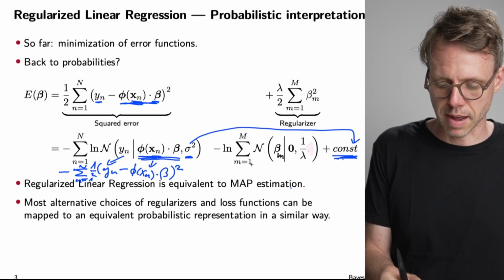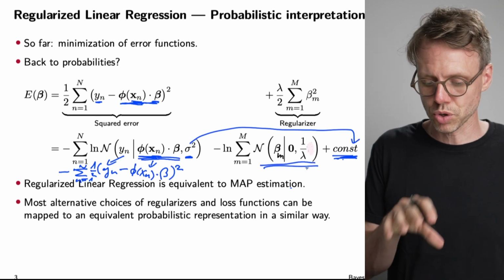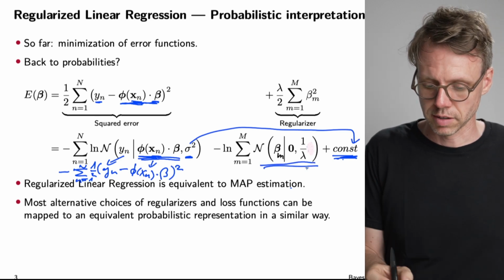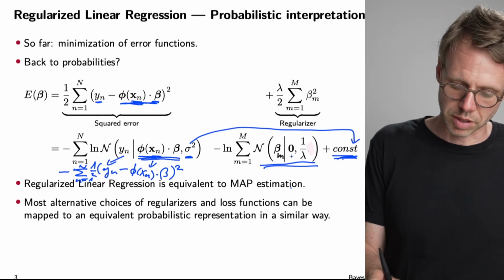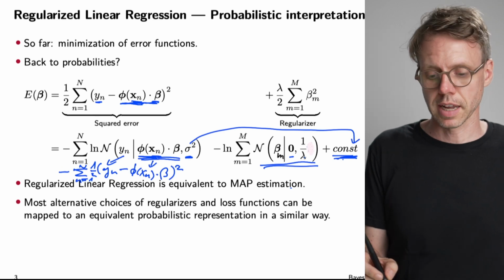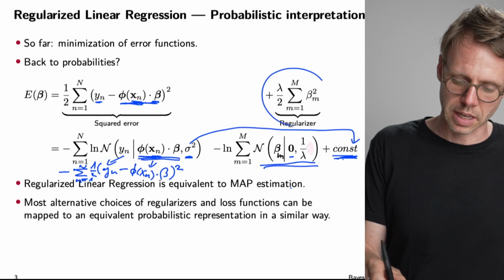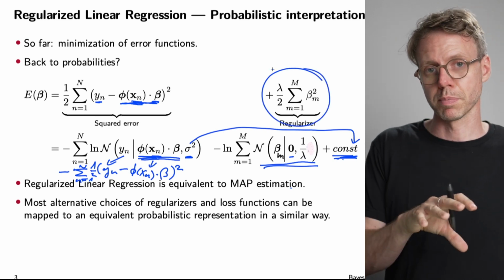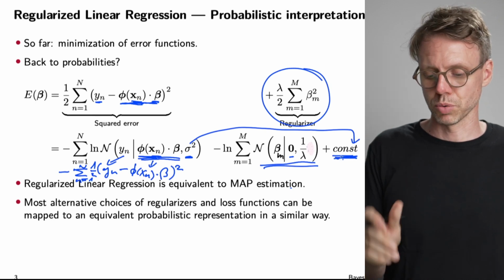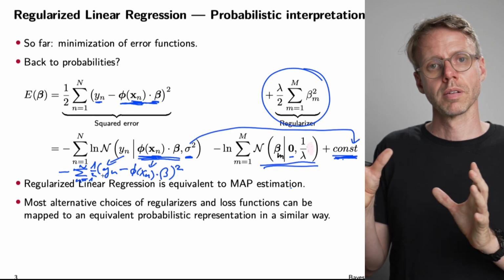We have here the sum over these IID prior distributions over the corresponding entries in the regression weight vector with a zero mean and a variance of 1 divided by lambda to give us exactly the term above in the exponent, where again multiplicative constants are moved into this additive constant here in this log posterior.